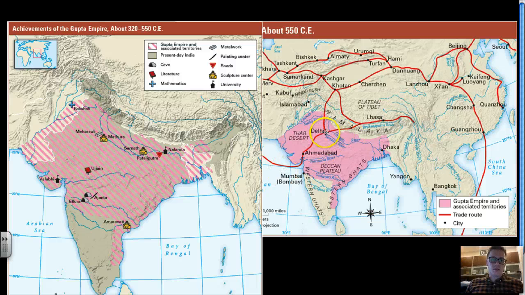So Delhi is at the center of a trade route. We've got Dhaka, we've got Mumbai, and we've got Ahmedabad, which is very close to Valapi, the Gupta University. So we have a lot of important cities that are coming up in the Gupta Empire, also in the modern Indian country.